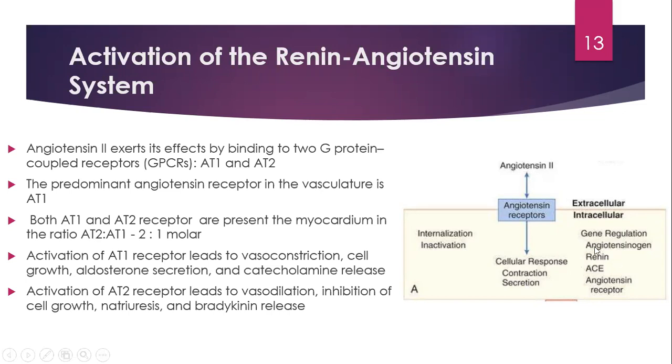So they can upregulate the production of angiotensinogen, renin, ACE, and also upregulate the production of angiotensin receptors themselves. And also, apart from these effects, they can be internalized by the cell for degradation. So angiotensin 2 can be degraded both intracellularly and extracellularly, all right.